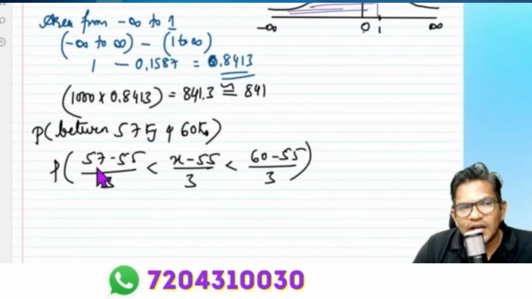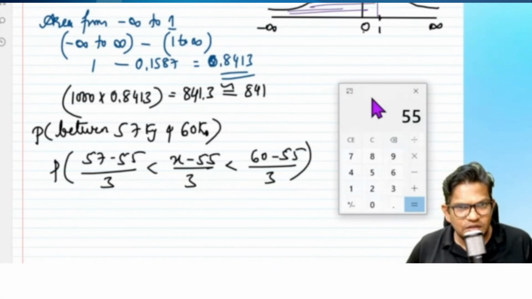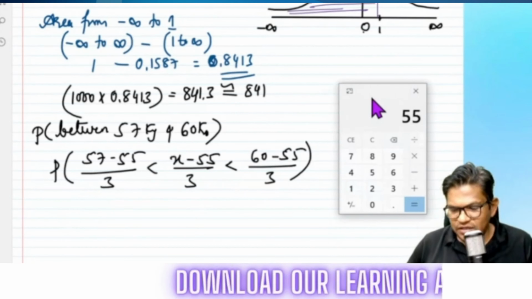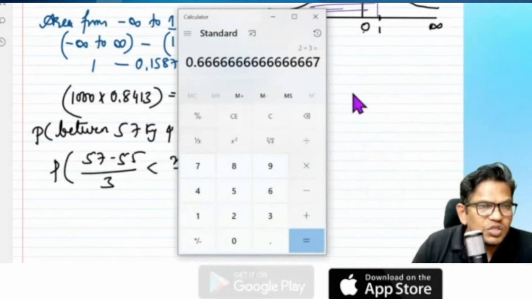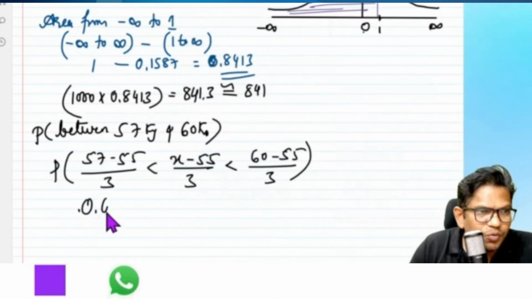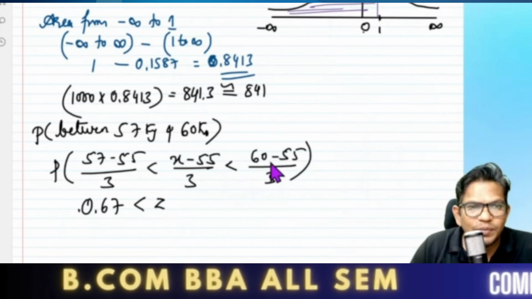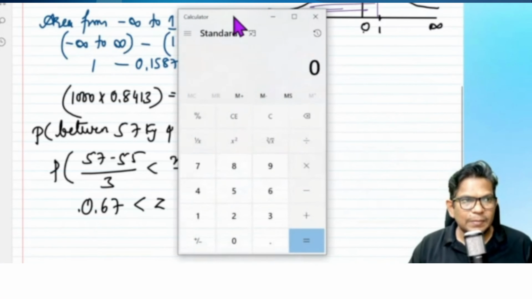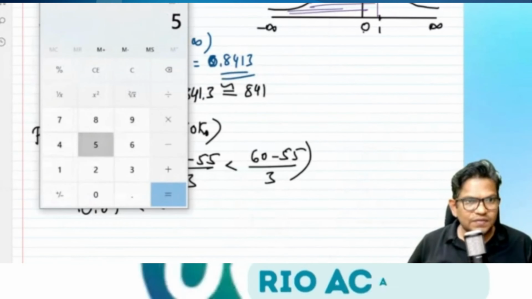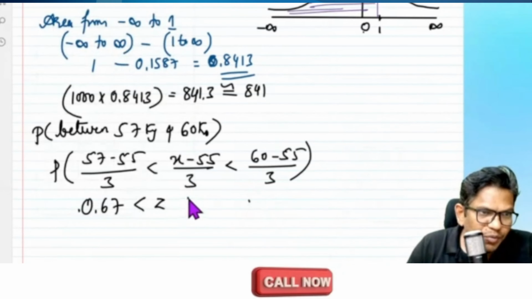What is 57 minus 55 divided by 3? It comes to 0.67. So 0.67 less than z, correct? And 60 minus 55 divided by 3 is 1.67.